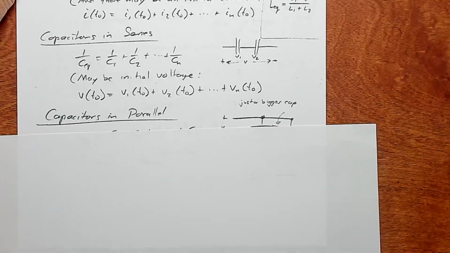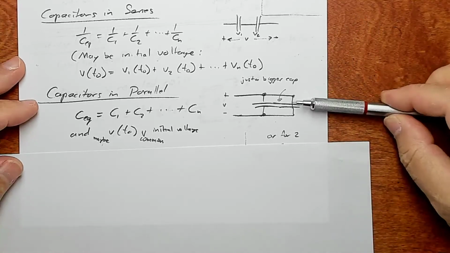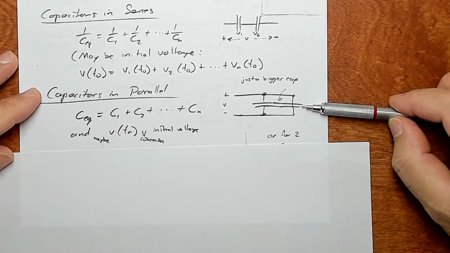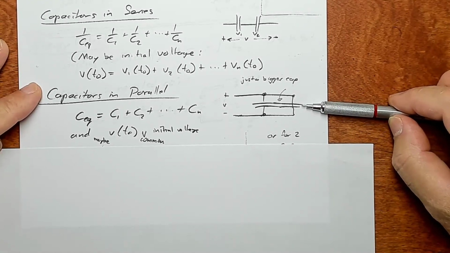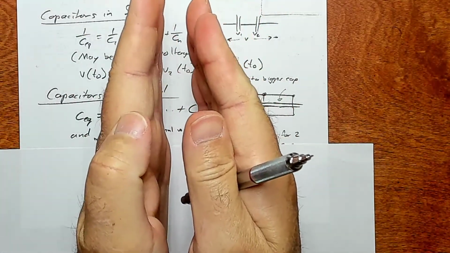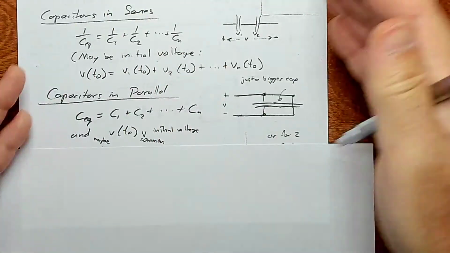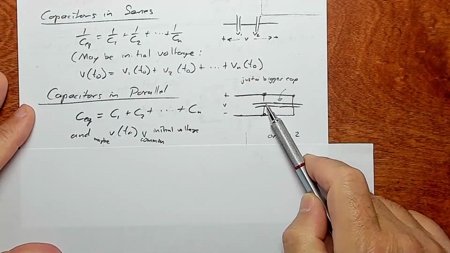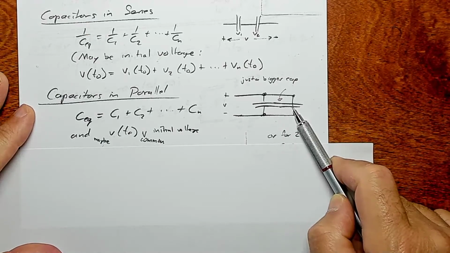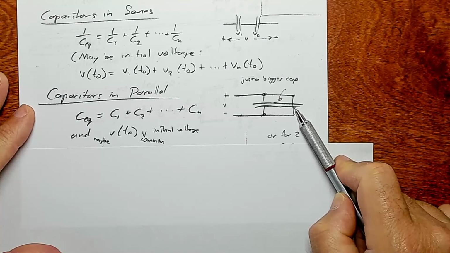Okay, capacitors, that's all flipped upside down. So it's easiest to start with the parallel simplification, which is easier to understand conceptually. Now, conceptually, a capacitor is just two plates with a certain amount of area, close together with a dielectric insulator. If you want more capacitance, you just make the plate bigger, right? So if you have two capacitors in parallel, it's just like you made a bigger plate.